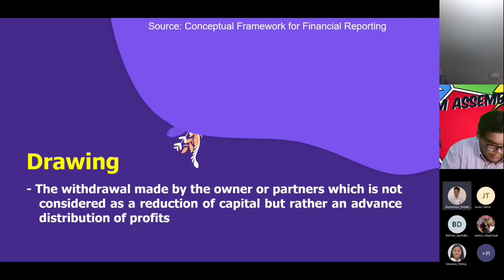Okay. So drawing is, nag-withdraw yung may-ari or partners. But in this case, FABM1 simplified accounting is just owner. Which is not considered as a reduction of capital but an advanced distribution of profits. Ibig sabihin, hindi nabawasan yung puhunan mo. Nag-advance ka lang ng kita.